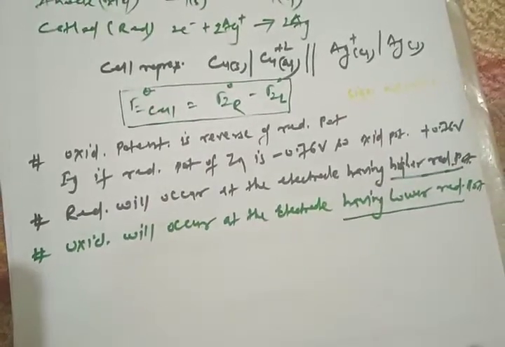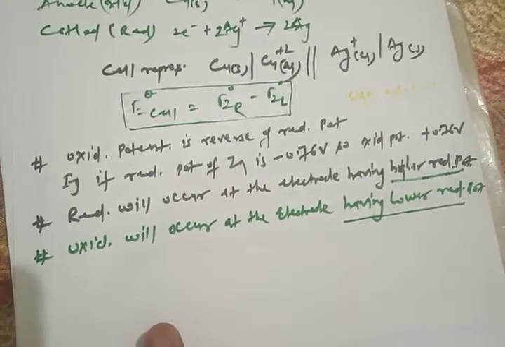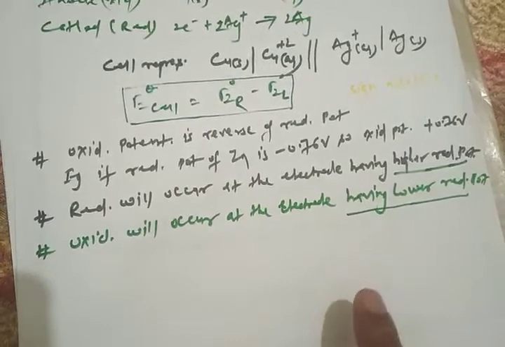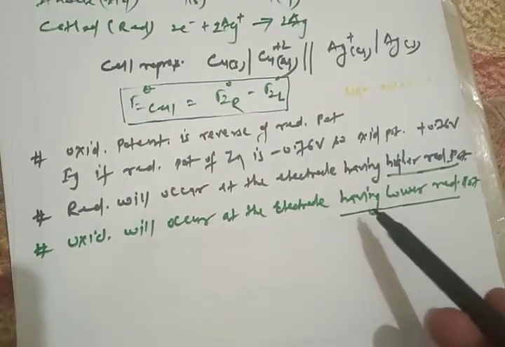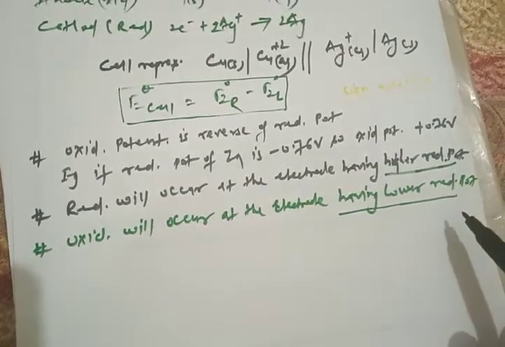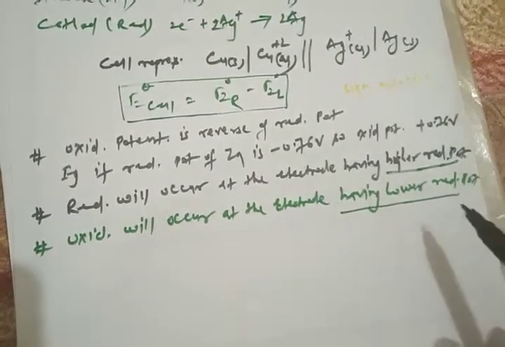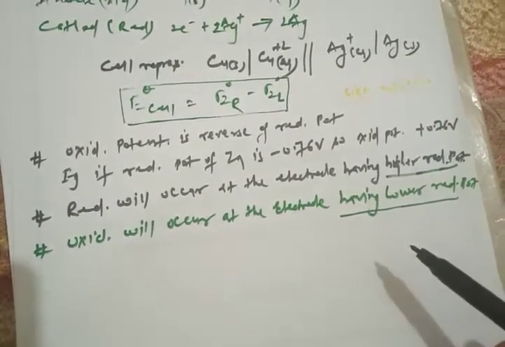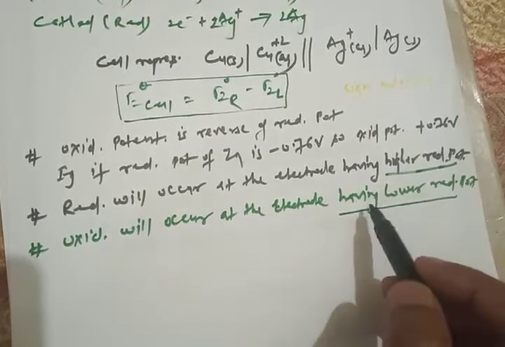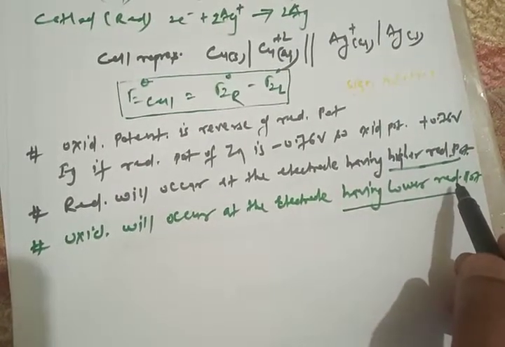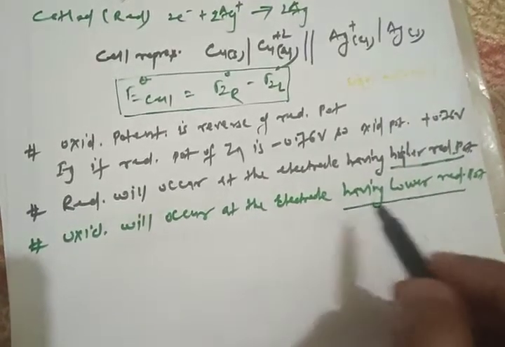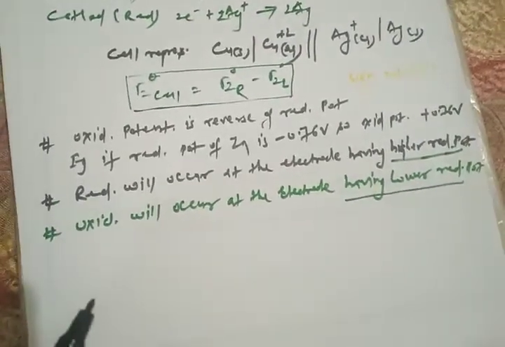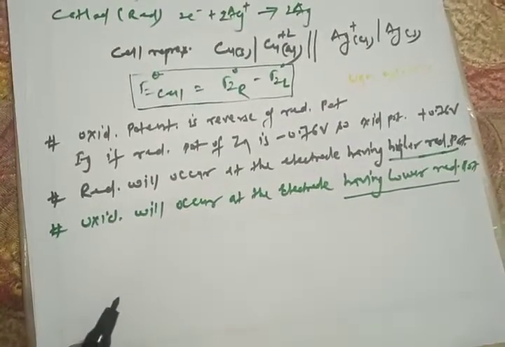Higher reduction potential, where reduction will occur; lower reduction potential, where oxidation will occur. So if lower reduction potential, that means vice versa is what? Higher oxidation potential, because these are the reverse of each other. So having lower reduction potential, what does it mean? It means it should have higher oxidation potential. Okay, so you should keep that in mind.